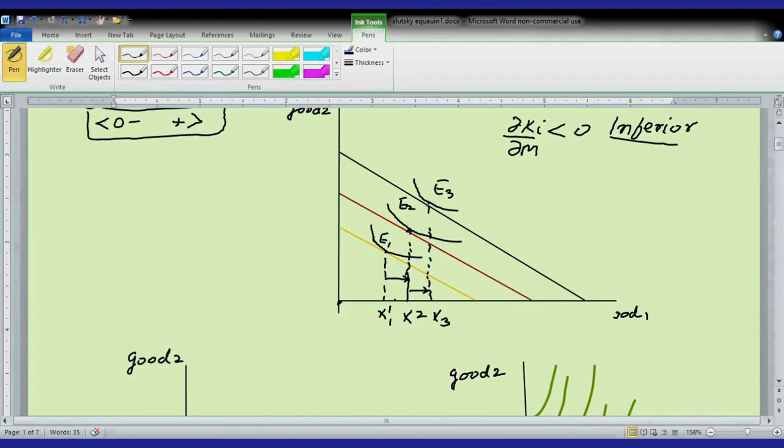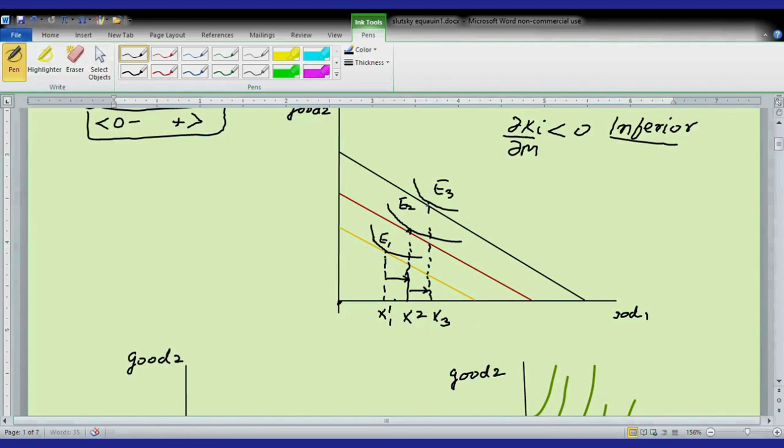So with the increase in income, consumption of good 1 increases, and with the decrease in income, consumption of good 1 decreases. The derivative of the demand function for good 1 with respect to income is greater than 0, and so we classify x1 as a normal good.